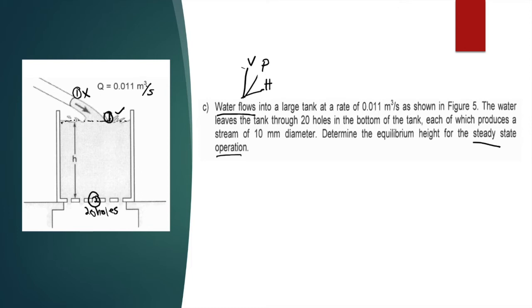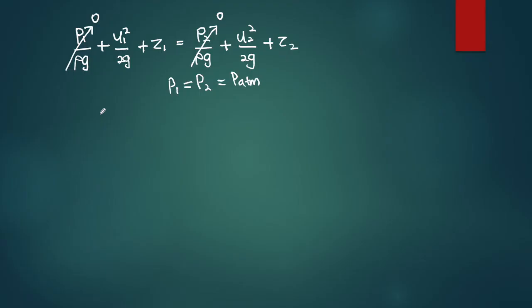Point 1 will not go up or down, increase or decrease, and it will maintain the same position or level during the process. So the velocity at 1 is 0 meter per second. Therefore, we can cancel out U1.